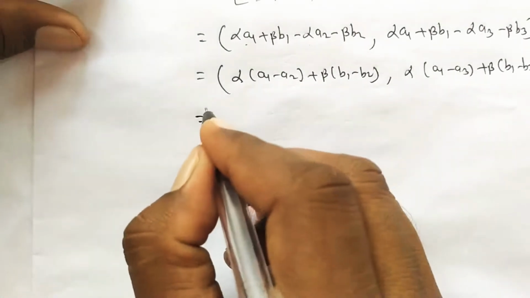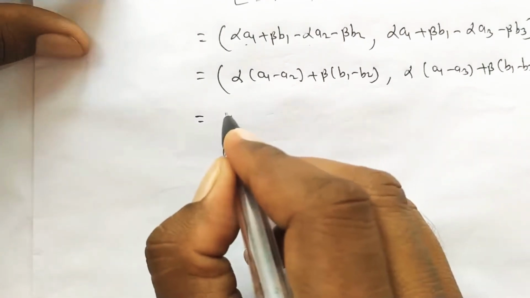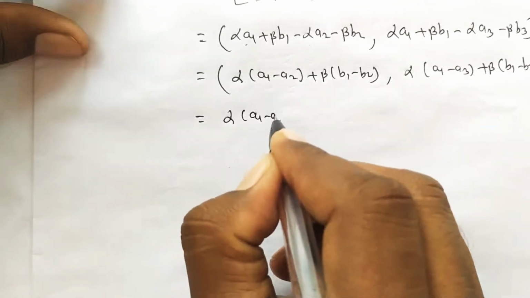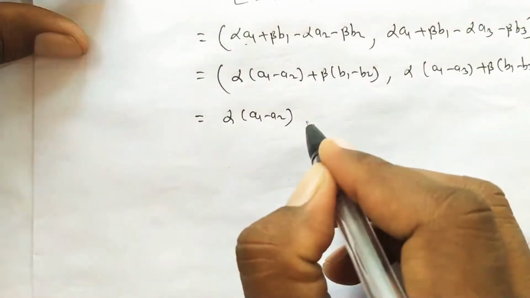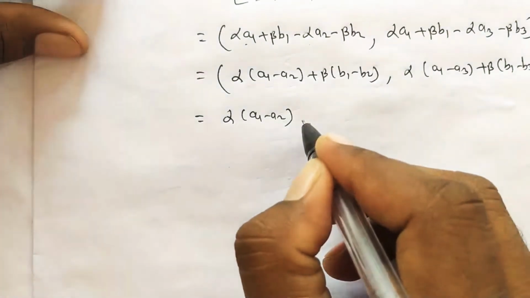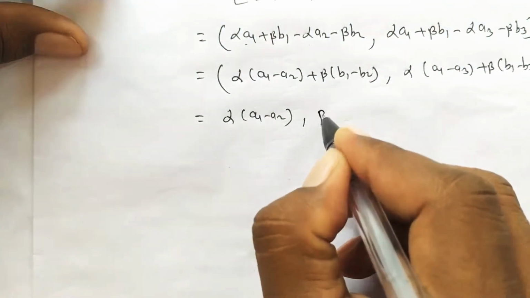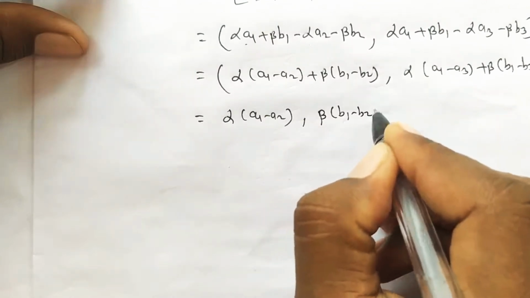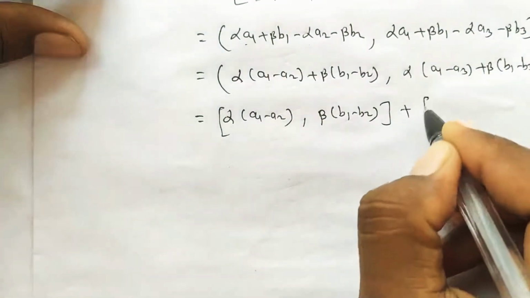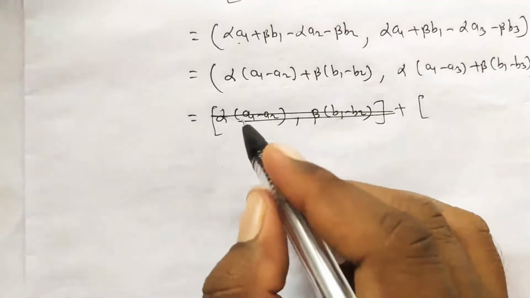So how can we write this? We can write this as an ordered pair: alpha into (a1 minus a2), comma, beta into (b1 minus b2) plus... sorry, how do we write this?